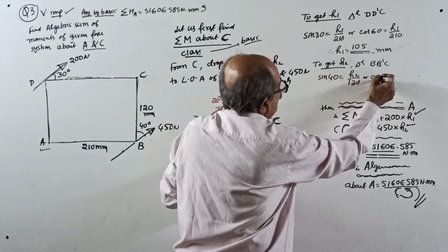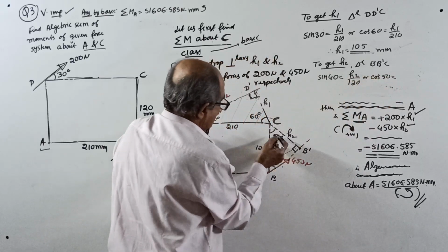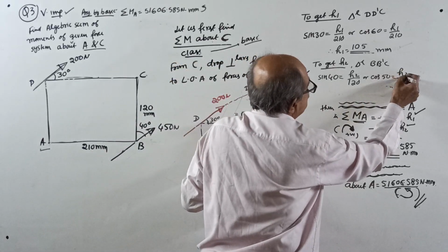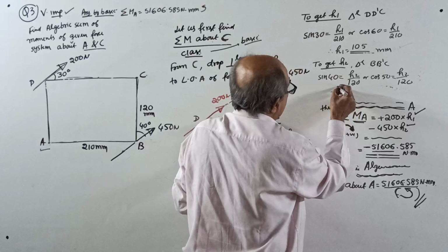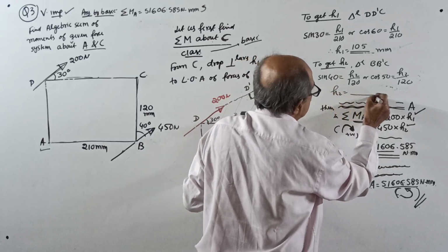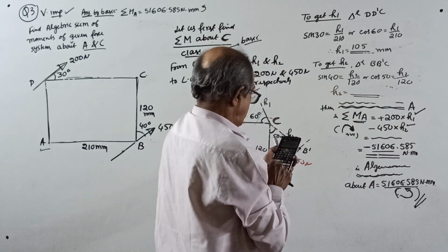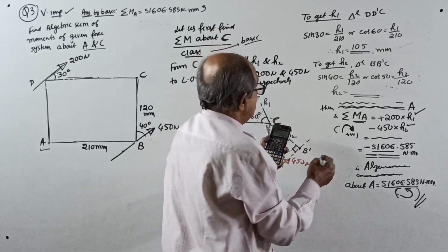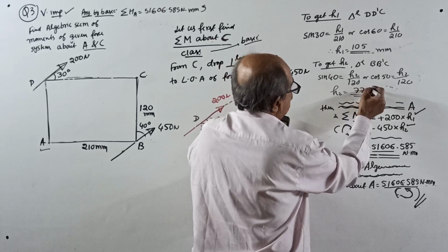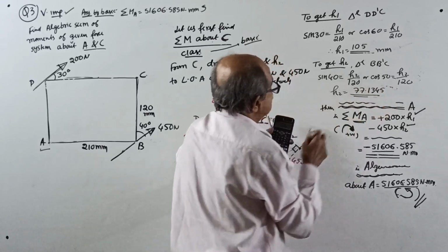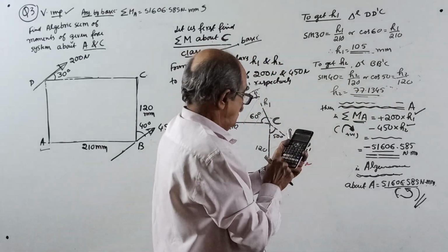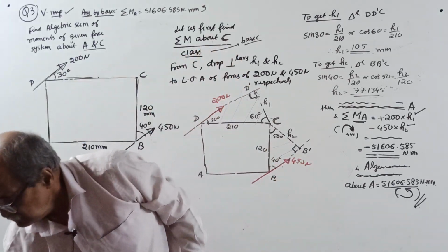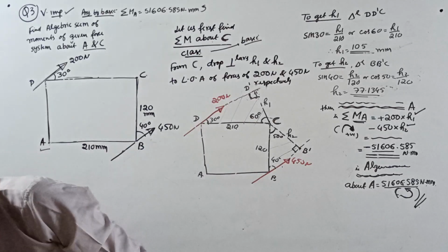Or cos 50 equal to, if you see here, cos 50 also equal to H2 by 120. You can use whichever you want. You will get the value of H2. 120 into sin 40, 77.1345. Correct answer. I should check it. I will check other way. 120 into cos 50, 77.1345 millimeter.